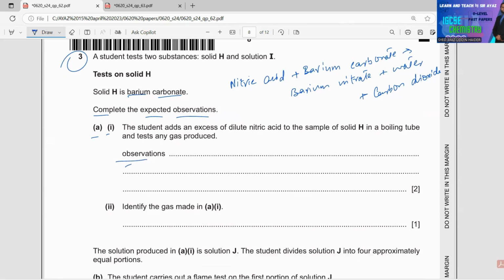So for the observation, you can write any one observation for the identity of the gas, and that is it fizzes. There's a fizzing of bubbles. Any one: bubbles or solid disappears.